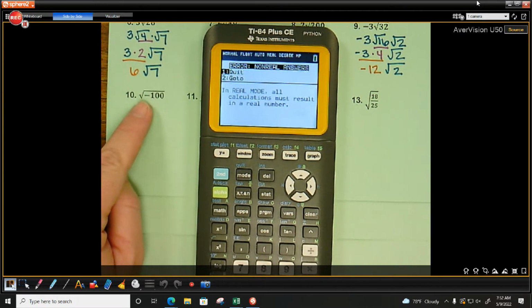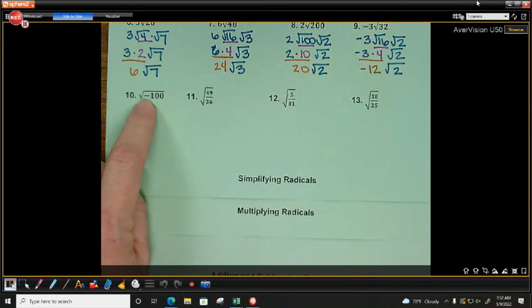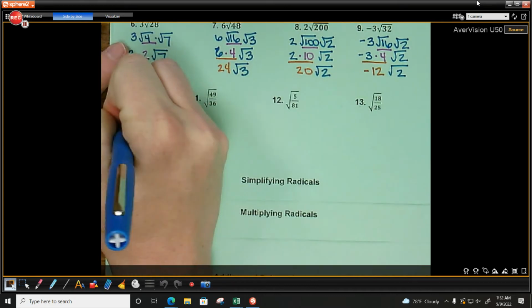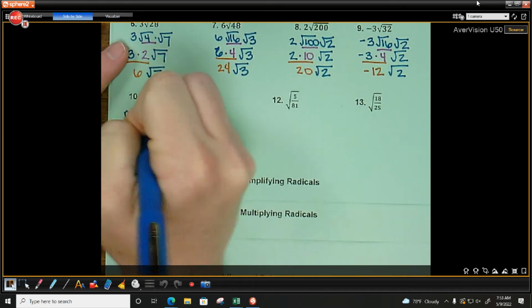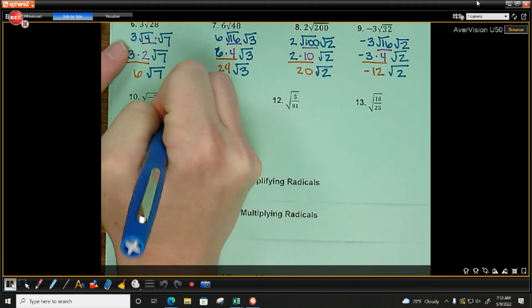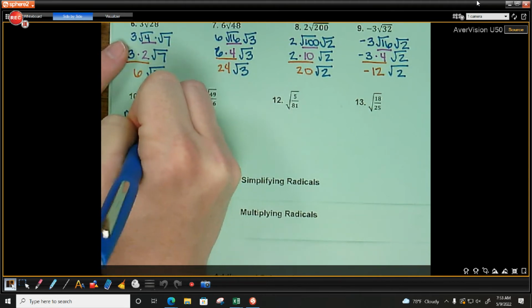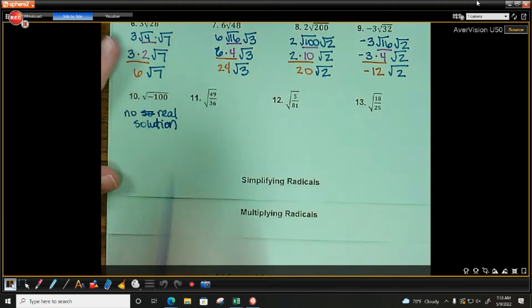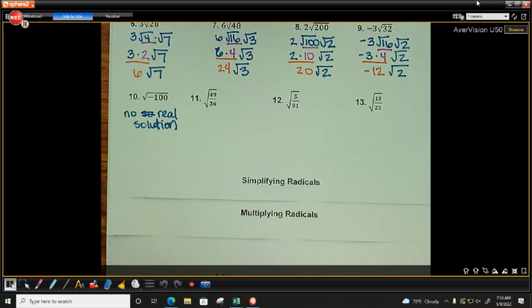But in Algebra 1, this is just going to be no real solution. And again, the reason I have to use the word real is because in Algebra 2, there will be imaginary solutions. Okay? Again, do you see how going directly to the calculator first saved us a whole lot of time of simplifying this whenever it doesn't simplify? Okay? We good?